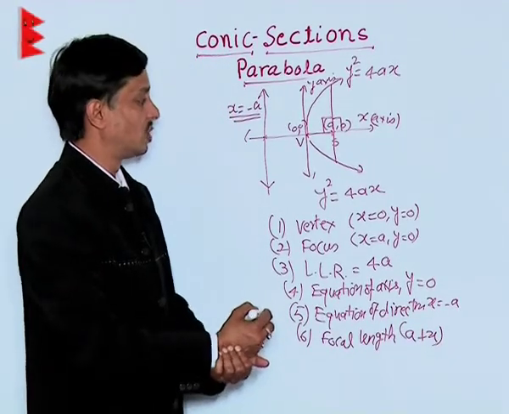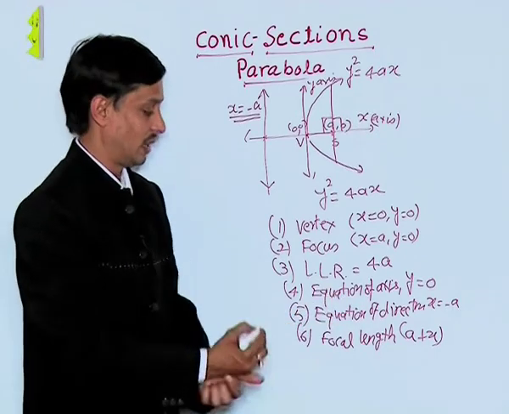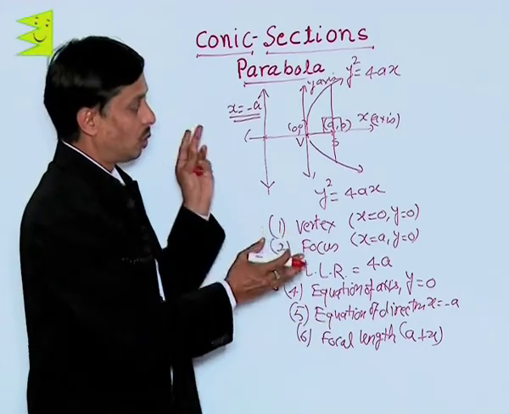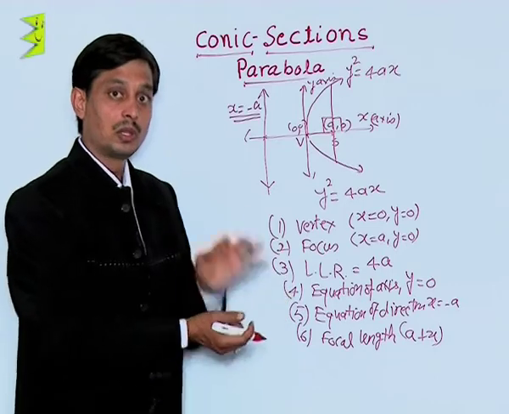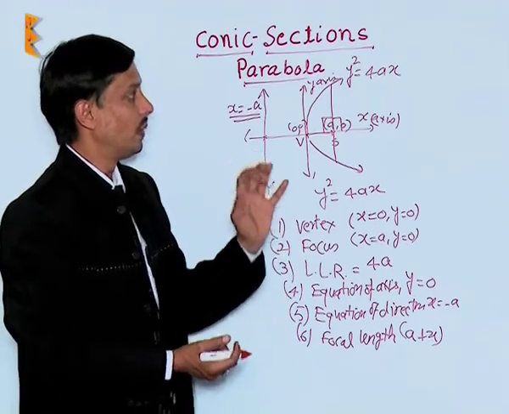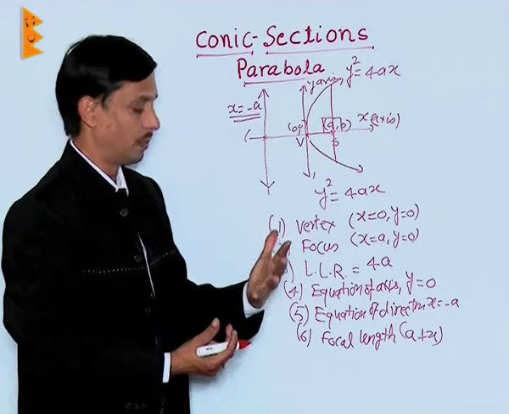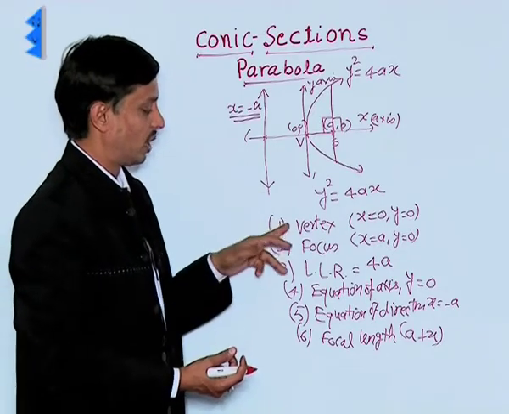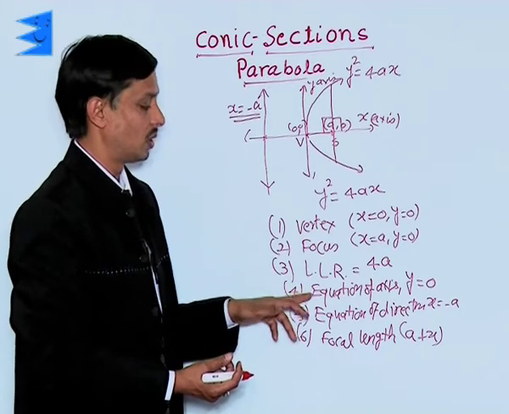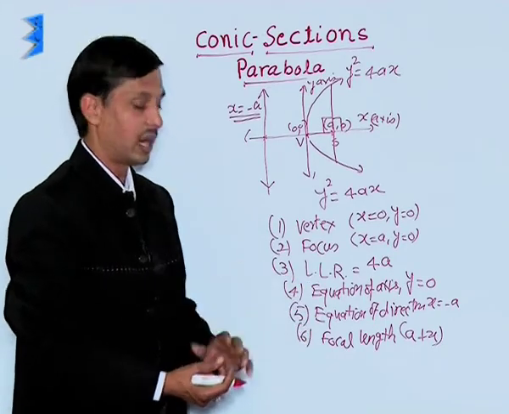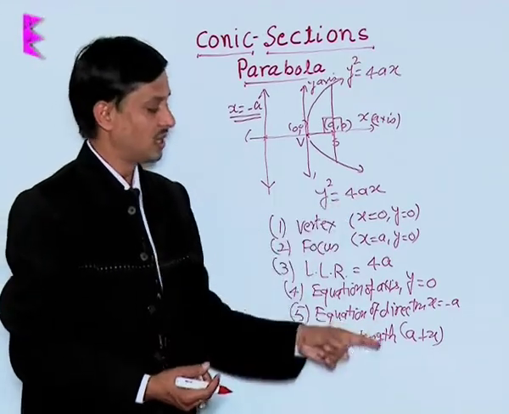We call it the focal length. Hence, to solve problems based on the parabola of type y square equals 4ax, we must remember the 6 components: vertex, focus, length of latus rectum, equation of axis, equation of directrix, and focal length as given to you.